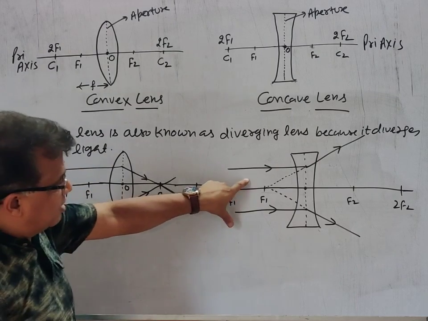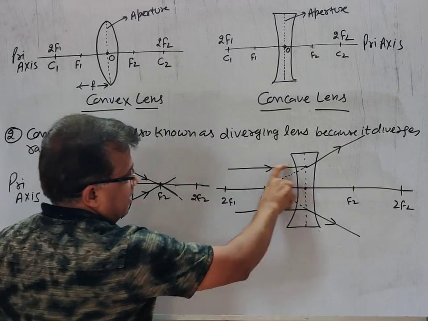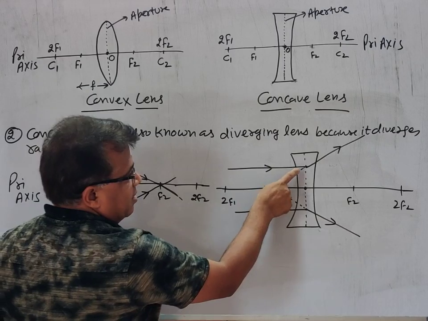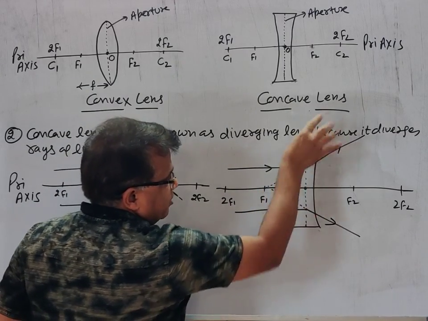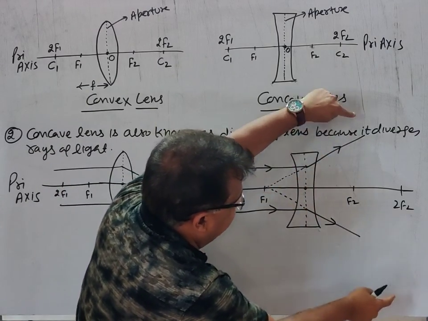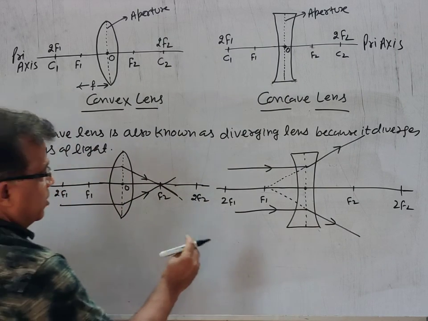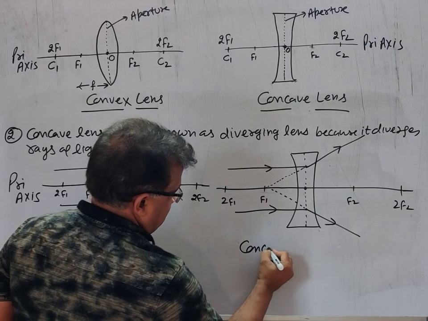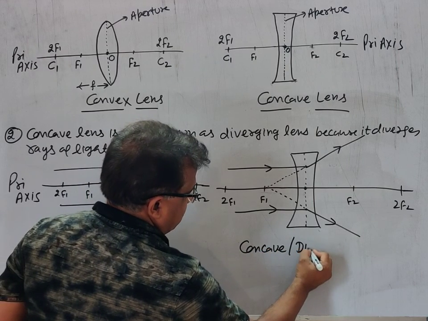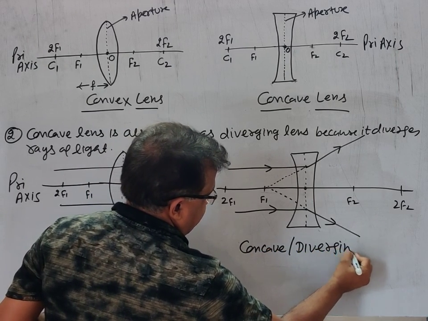As we are observing in this figure, these are incident ray parallel to principal axis. After refraction they are diverged, therefore it is known as diverging lens. So it is concave lens or diverging lens.